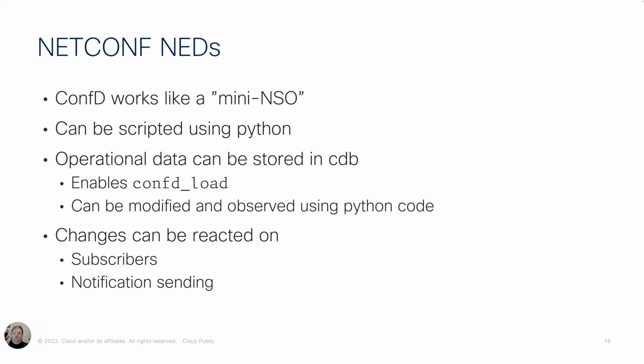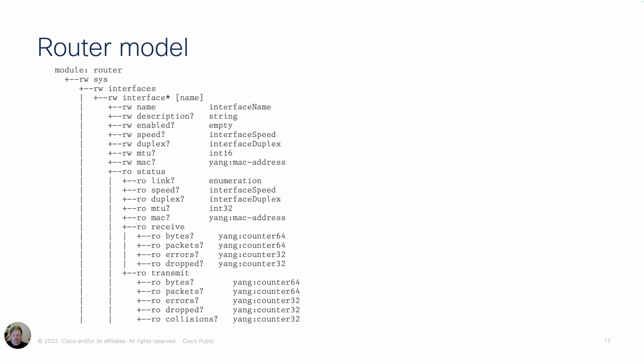So we'll use the router NED. The router NED is an example NED that's delivered with NSO. It's a small toy of a router with NETCONF. You can see here, we'll talk about the interfaces subtree. There are two parts. There's a read-write part that is the configuration, and there's a read-only part, which is the operational data.